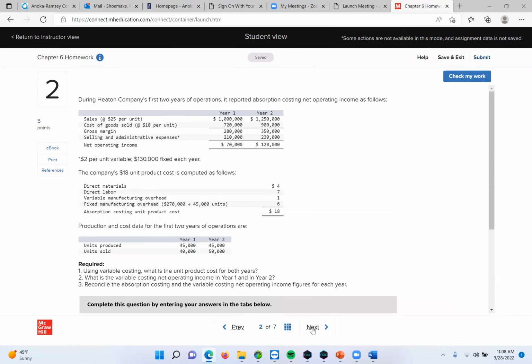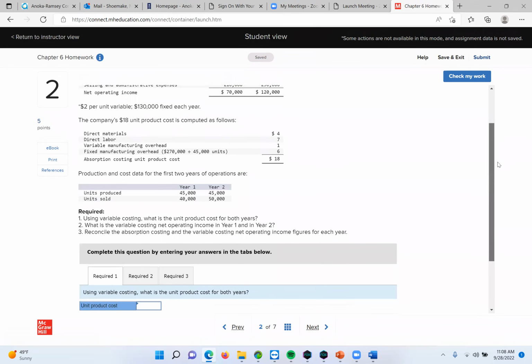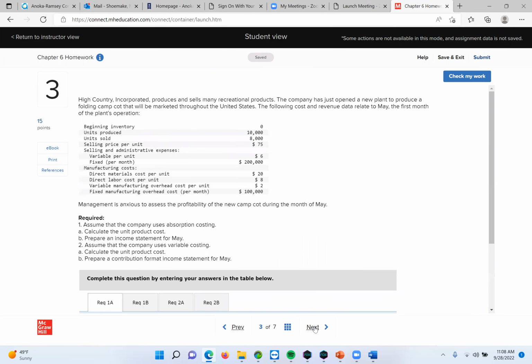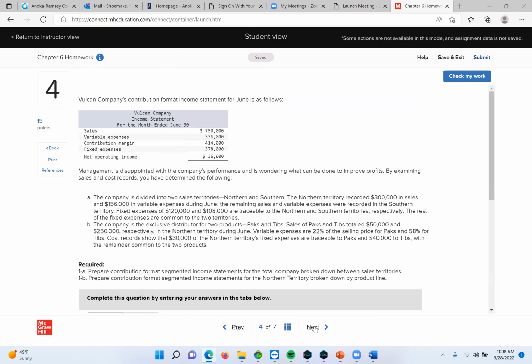Using variable costing, what's the unit product cost? What's the operating income? And then reconcile the absorption to variable costing. Same. Prepare that contribution segmented income statement.